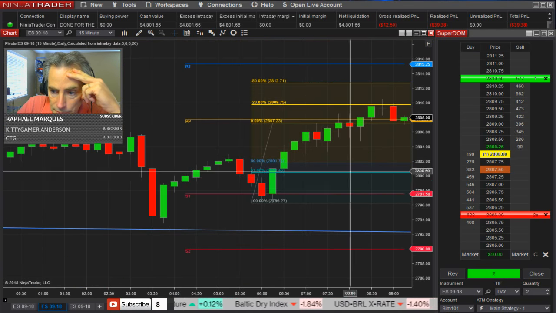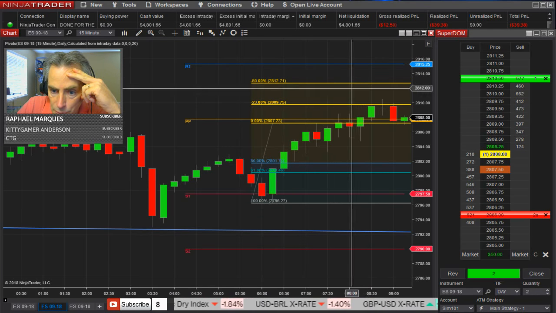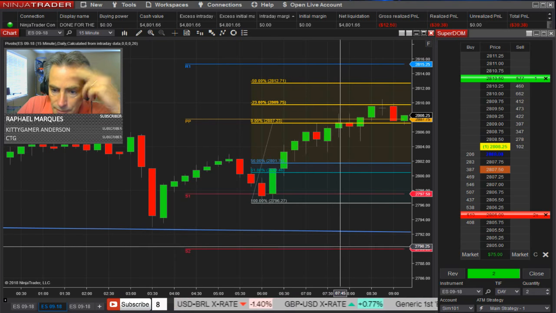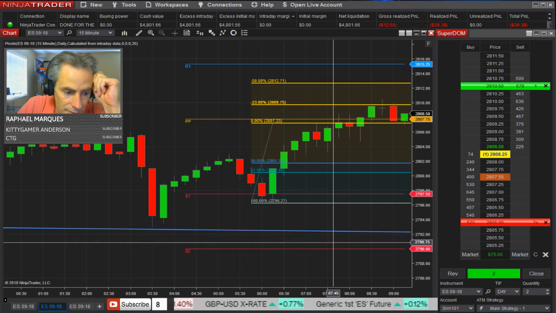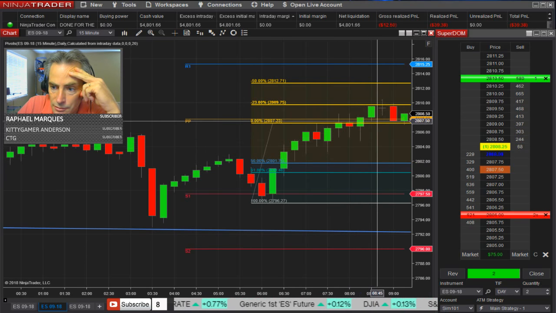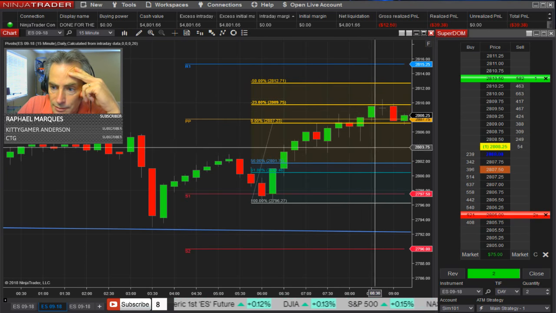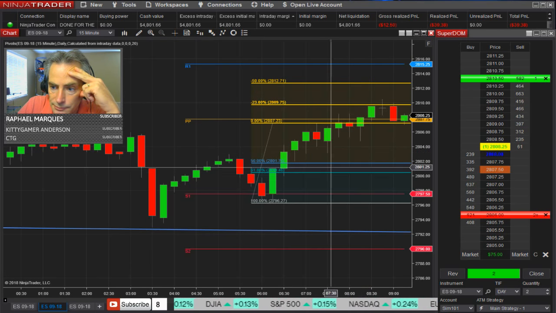The thing that really makes these pivot points work is you're not the only one that's seeing it on your chart. There's other traders that are seeing that pivot point and they're reacting to it.